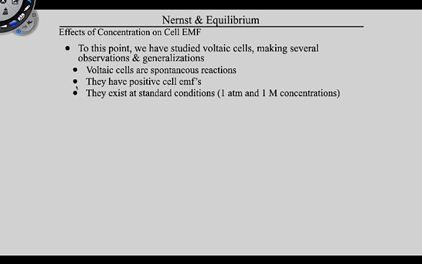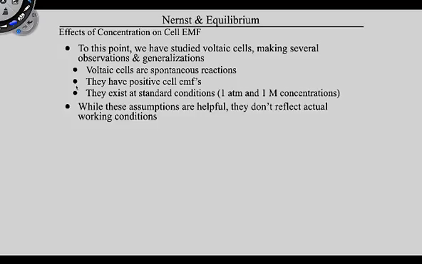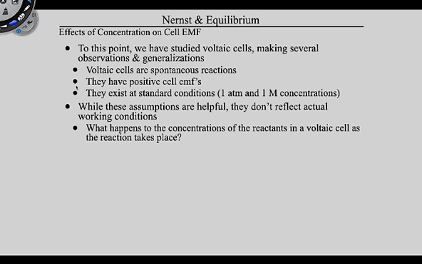First of all, voltaic cells are spontaneous. How do we know? Because we pick the oxidation and reductions, the anode and the cathode, such that they have positive voltages. But we've also only studied these at standard conditions, which is an atmosphere pressure, 25 Celsius and 1 molar solutions. Well, guys, this works, but this really doesn't tell us about what batteries are doing for real.